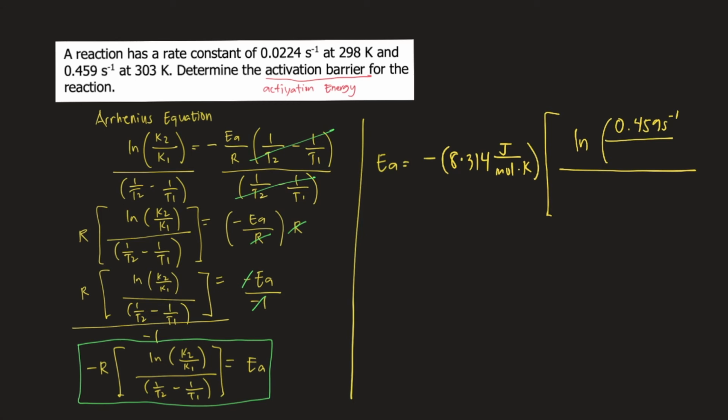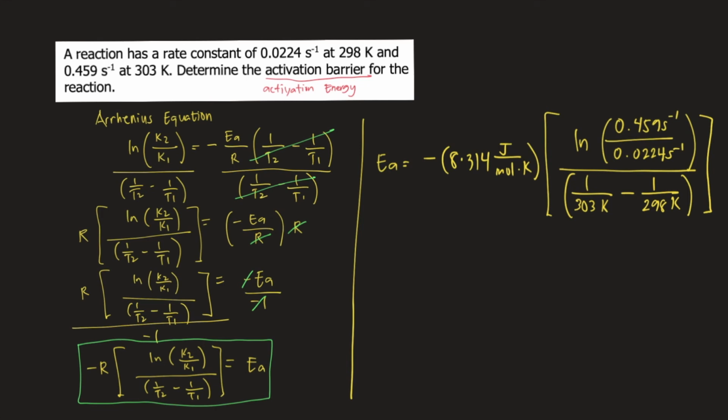The rate constant at temperature 1 is 0.0224 s^-1. And for the denominator, we have 1 over T2, the second temperature, 303 Kelvin, minus 1 over T1, the first temperature, 298 Kelvin.